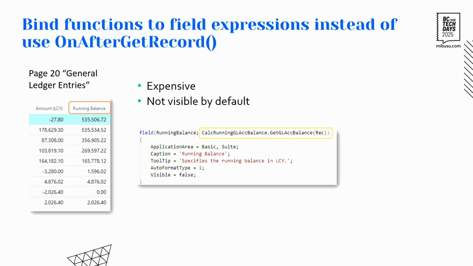Here we have the running balance, a pretty heavy calculation. So if you can avoid having that one on the screen and calculate only if you need it, add your functions directly to the source expressions, then they will not get evaluated, instead of using OnAfterGetRecord, which is called no matter what, because that happens as soon as your record has been executed.